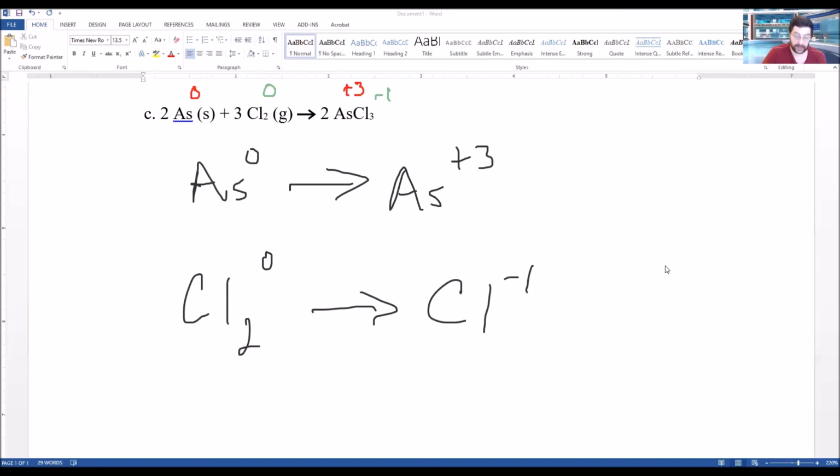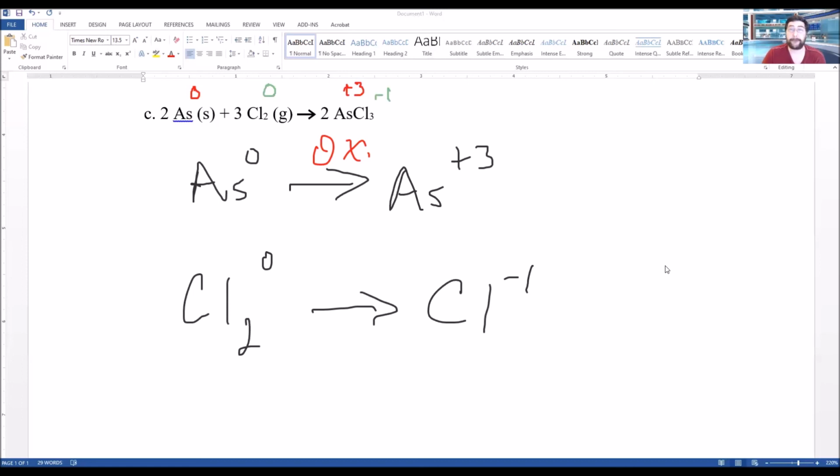So now we can identify what happened across the arrow. So for the arsenic, we got more positive. That means we lost electrons. So that's LEO, lose electrons, oxidized. So the arsenic was oxidized, which means that the chlorine had to be reduced.